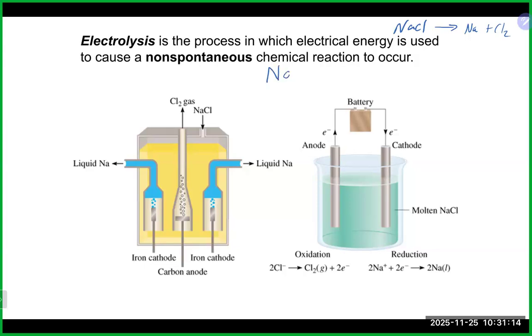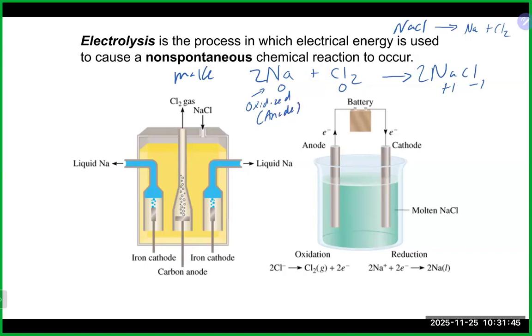When we make sodium chloride, the reaction happens in this direction, and we can balance it like in chemistry class. The sodium is going from 0 to +1, and the chlorine is going from 0 to -1. So when you make sodium chloride, the sodium is getting oxidized, which means it would be your anode. The chlorine is getting reduced, which means it's your cathode.